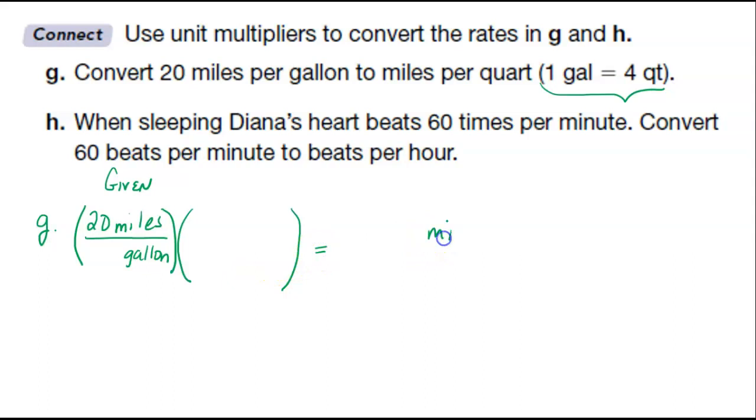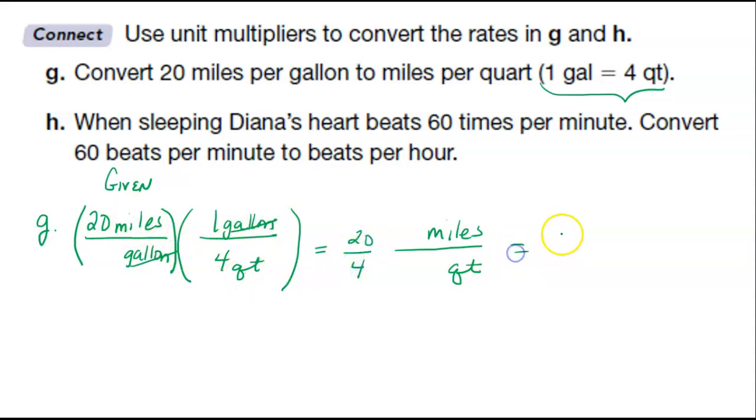So I want miles per quart. So let's see. I need gallon to go away, so I'm going to put my gallon up here. 4 quarts here, gallon over gallon. So then I have miles per quart. I have 20 over 4. 20 divided by 4 gives me 5 miles per quart.